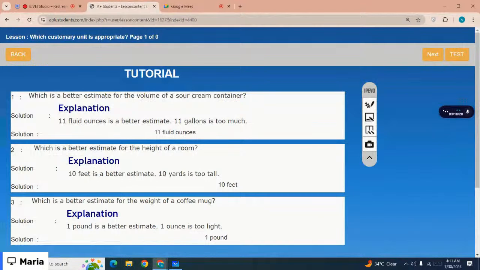Which is the better estimate for the volume of a sour cream container? You are given two options: 11 fluid ounces or 11 gallons. That is just a container for sour cream, so it must be 11 fluid ounces because 11 gallons is too much for this.